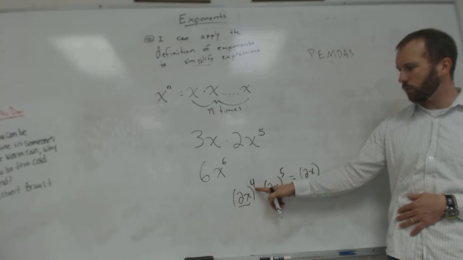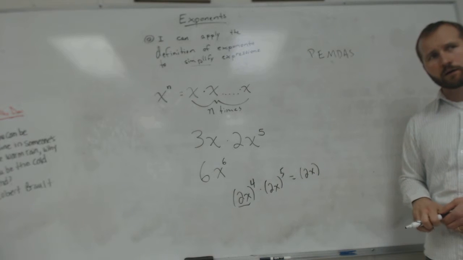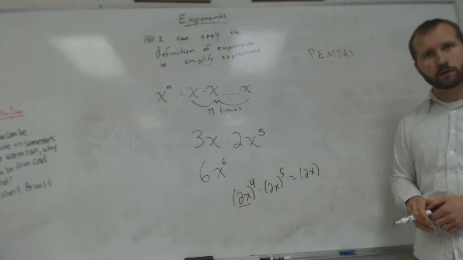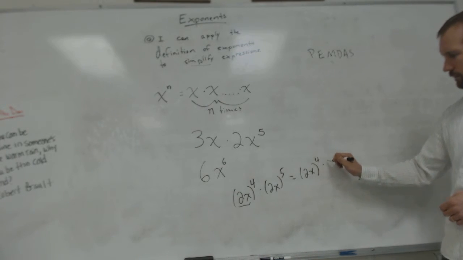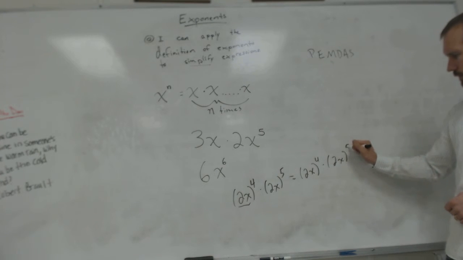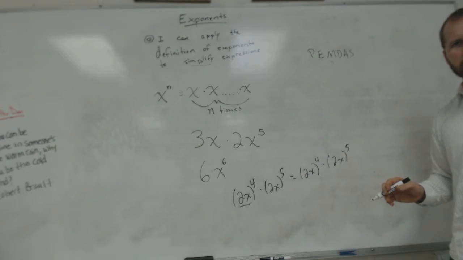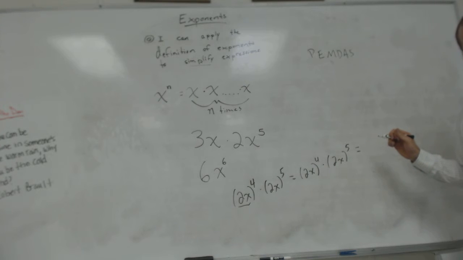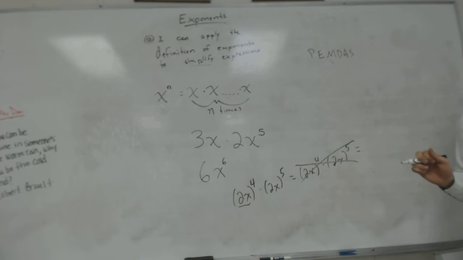It's going to be the final power here. I'm going to take the 4 and the 5. Should I just leave them? Ta-da! Oh, wait, that's the same thing I started with. What could I do with those?